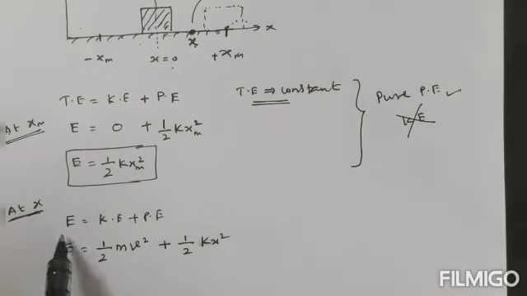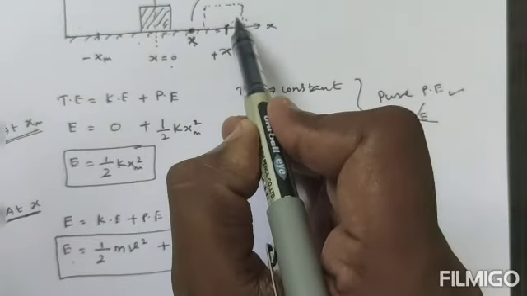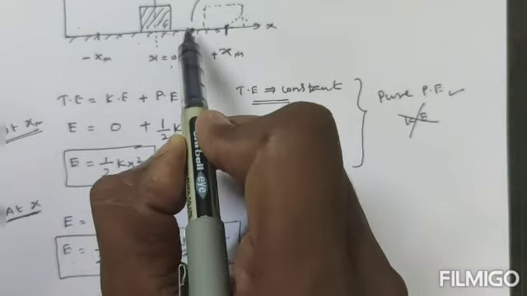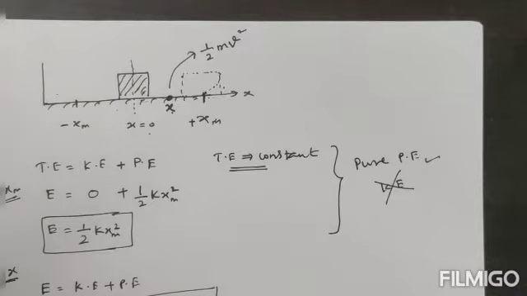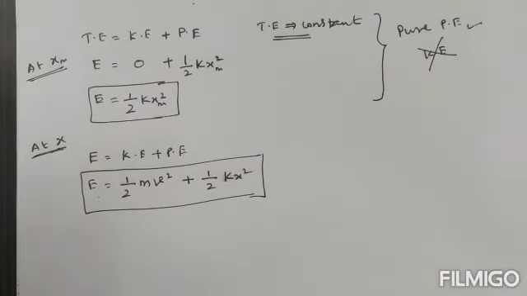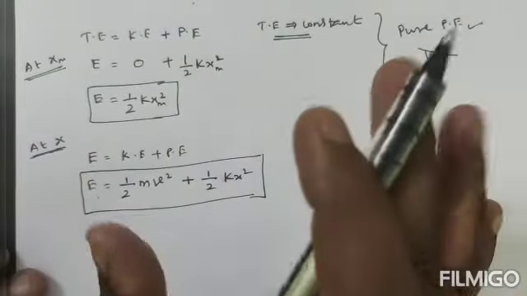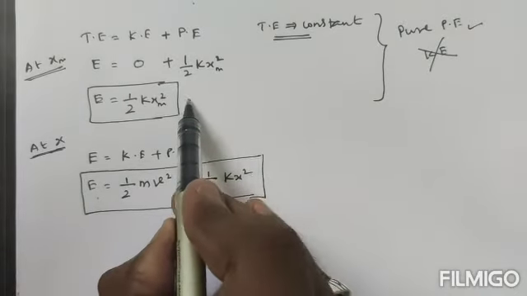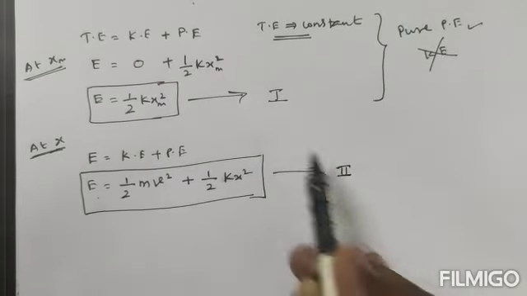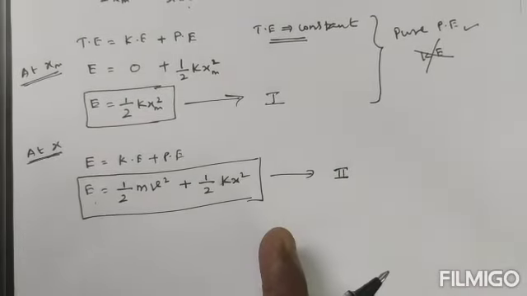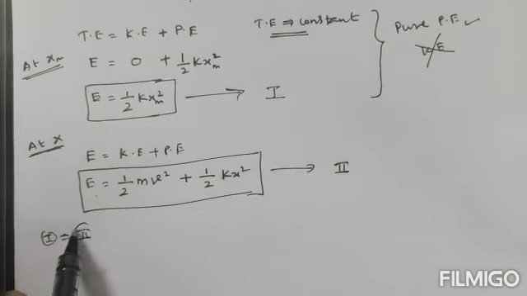Here also we get the same E value, and here the same E value, because energy is conserved and the total energy is constant. So both equations will be the same. For our convenience, this is equation number 1 and this is equation number 2. Therefore equation 1 equals equation number 2.